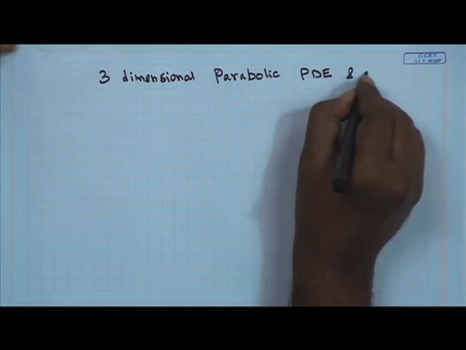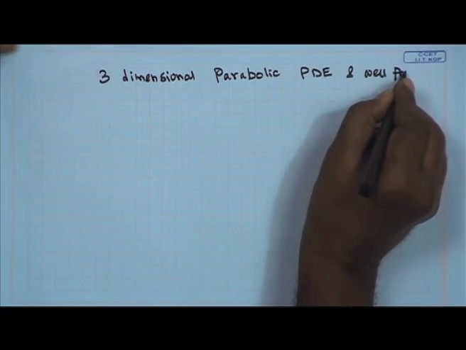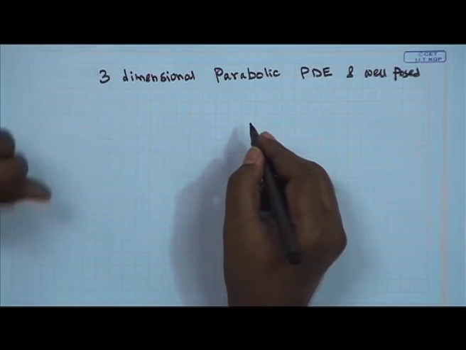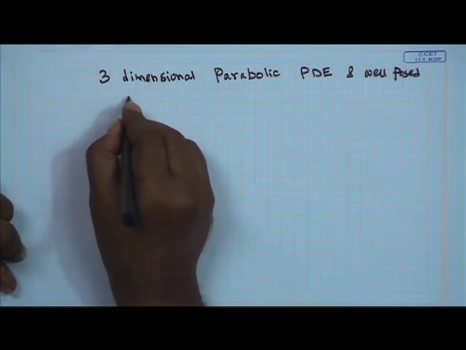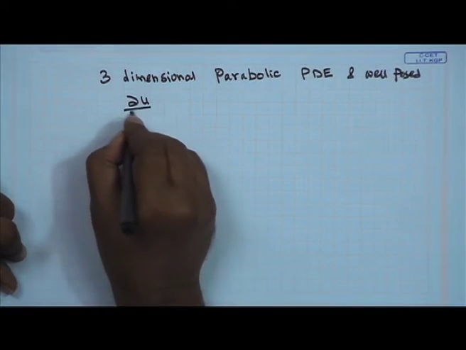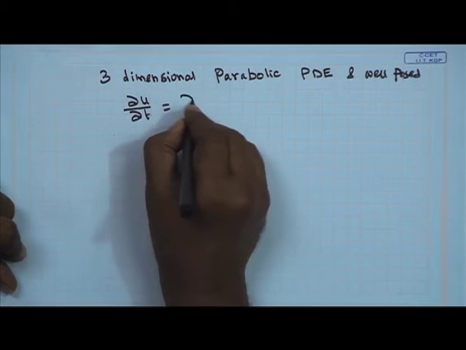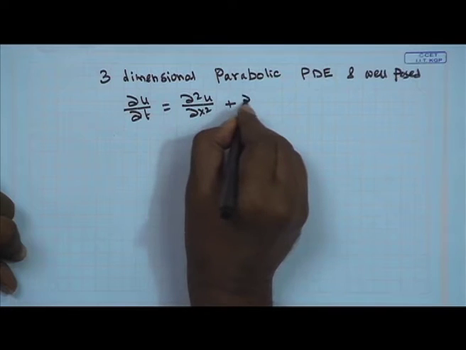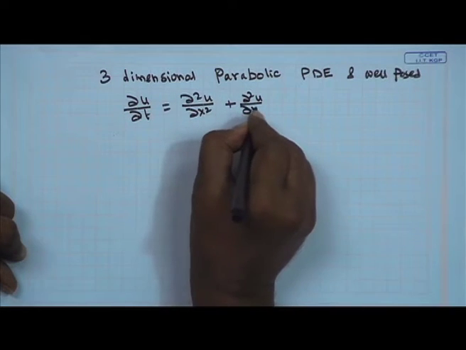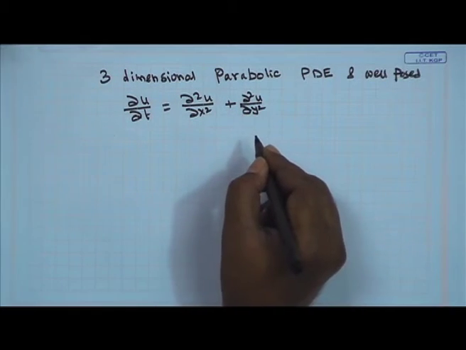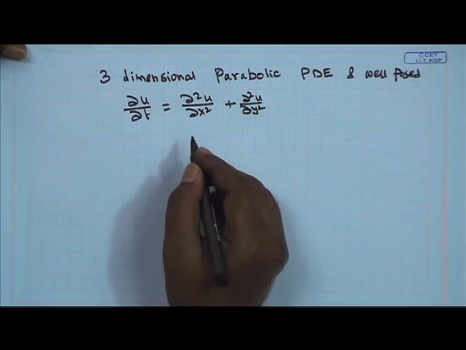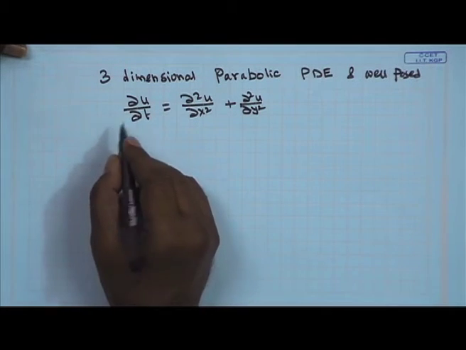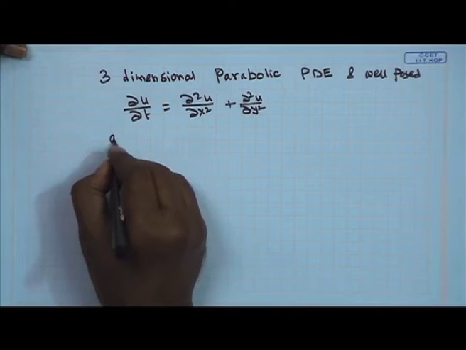And well posed. So the governing equation will be like this: del u del t is equal to del square u del x square plus del square u del y square. We will be constructing the initial and boundary conditions.